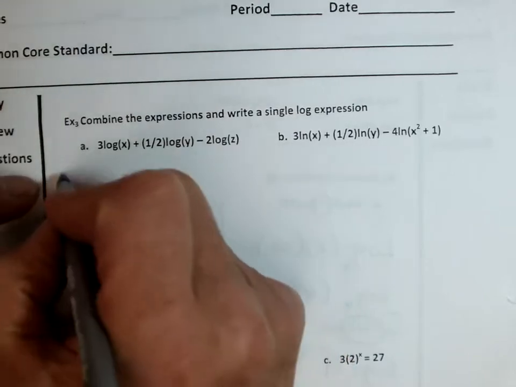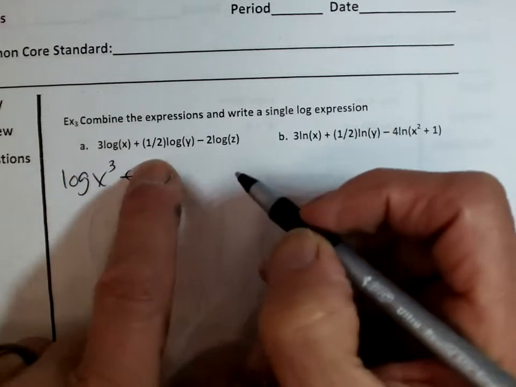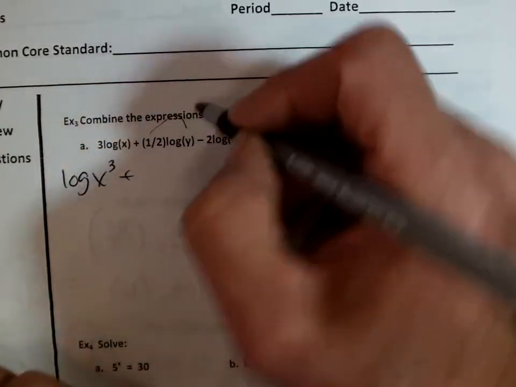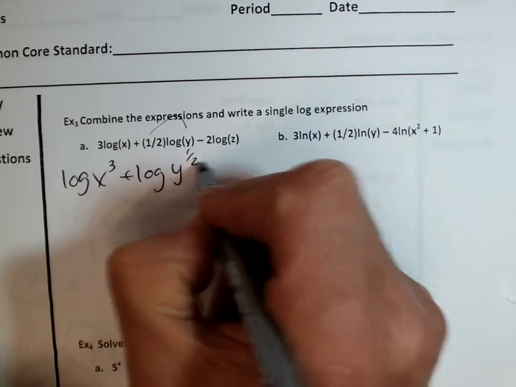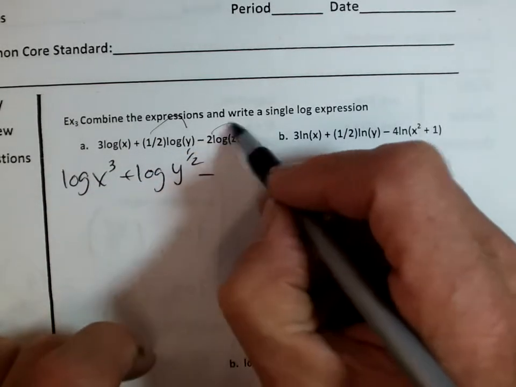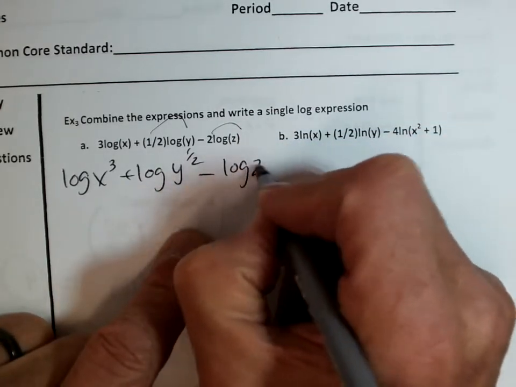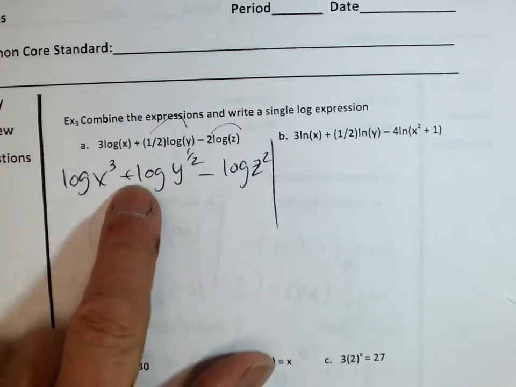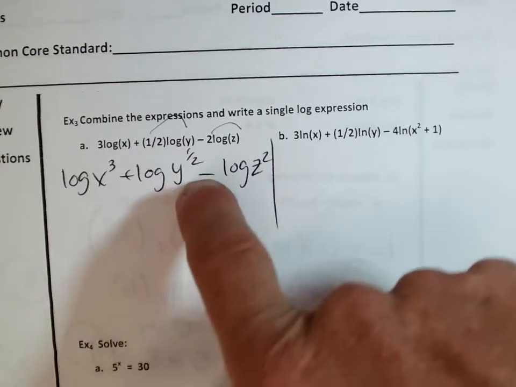Let's write this as log of x cubed plus, this 1/2 was an exponent, let's bring it back in, plus log of y to the 1/2 power minus, this 2 was an exponent, we'll bring it back in, log of z squared. Now, how am I doing? So far, so good? If it's plus, we're going to bring it together as times. And if it's subtract, we're going to bring it together as divide.